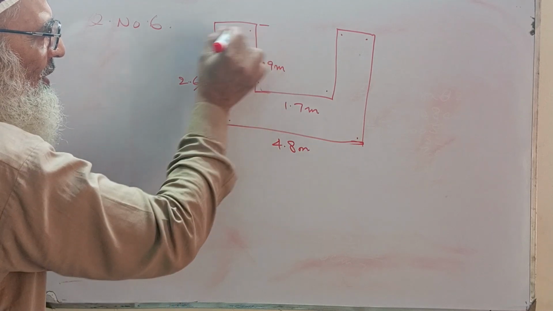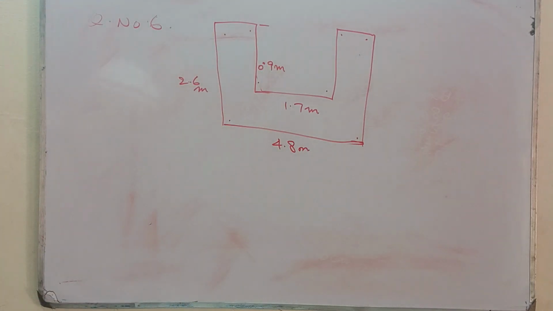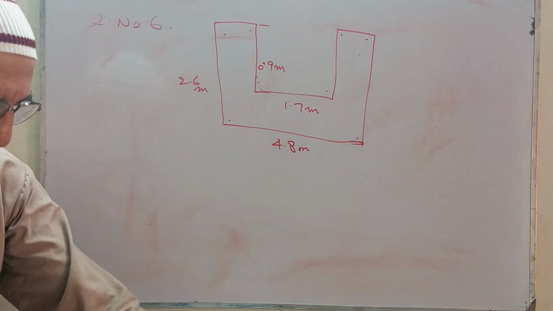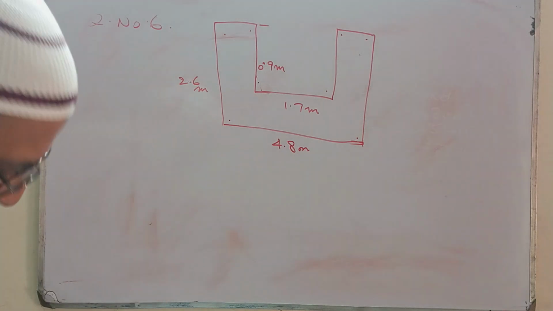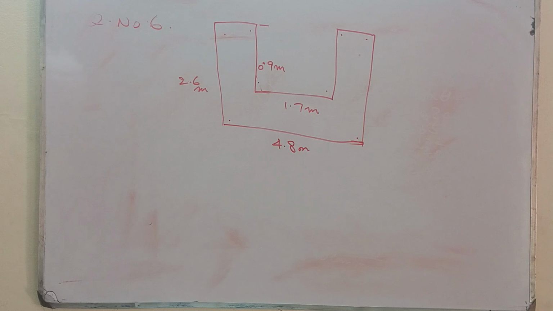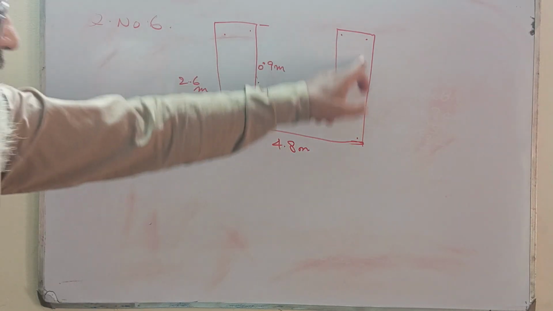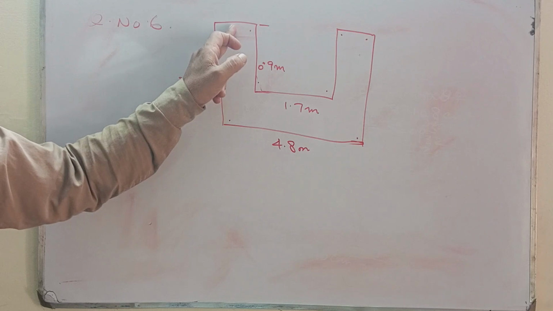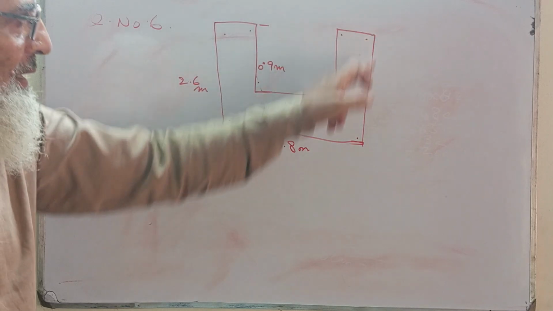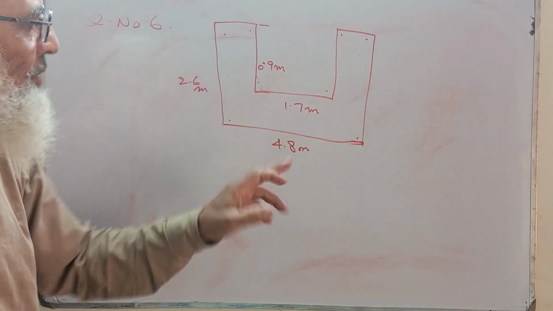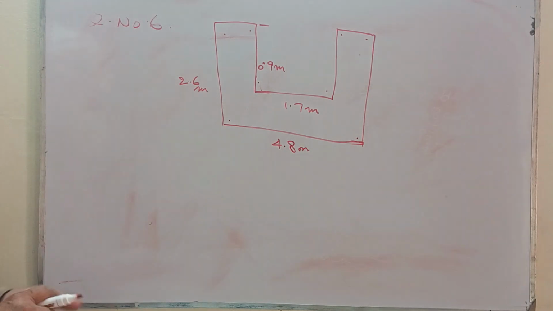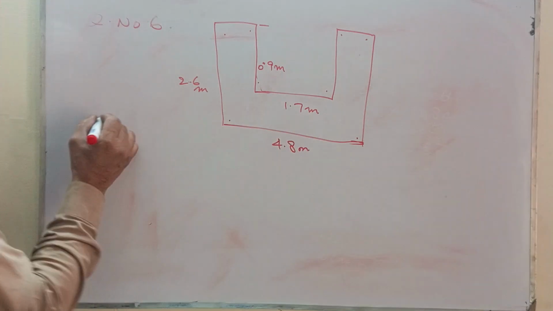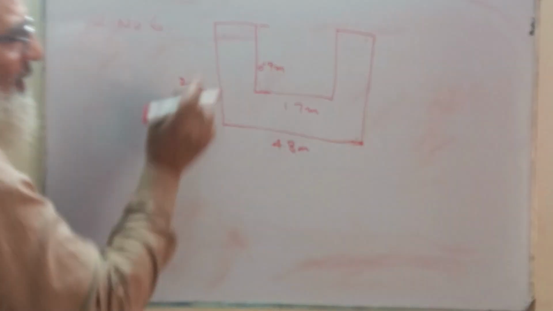Now this question is the same as I did in part 4D. Now we'll find the area of the whole rectangle.